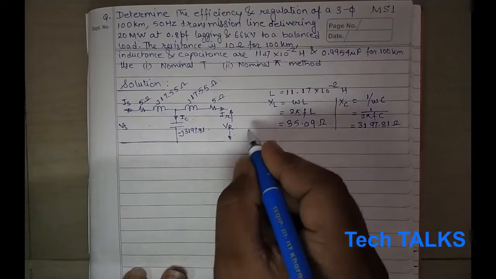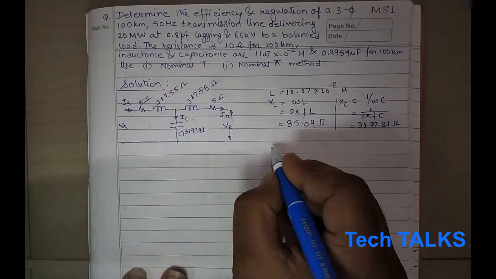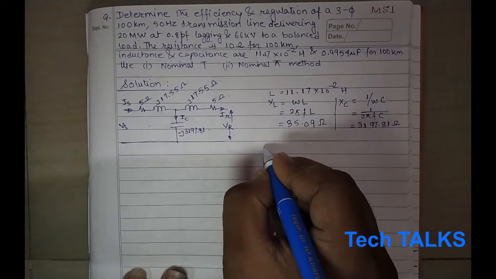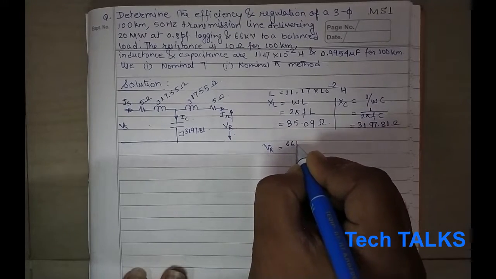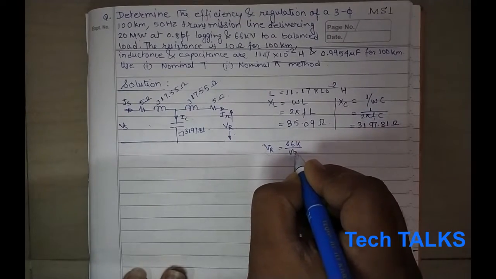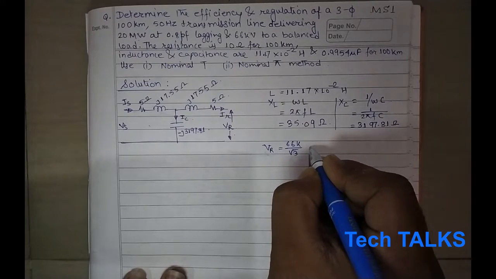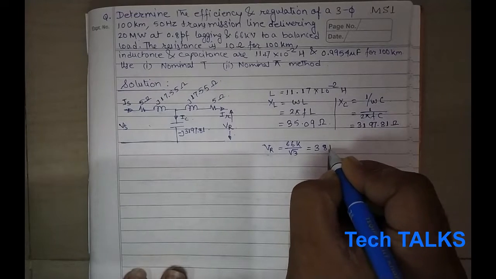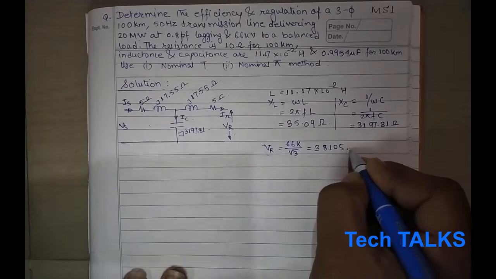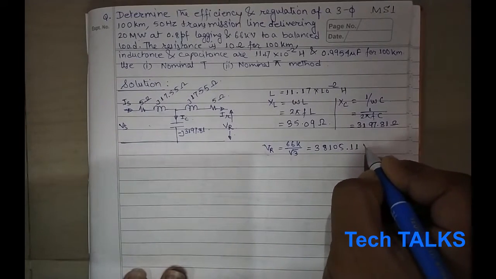We will calculate everything in a per phase system. So VR is 66 kilo by root 3, that is equal to 38105.11 volt.